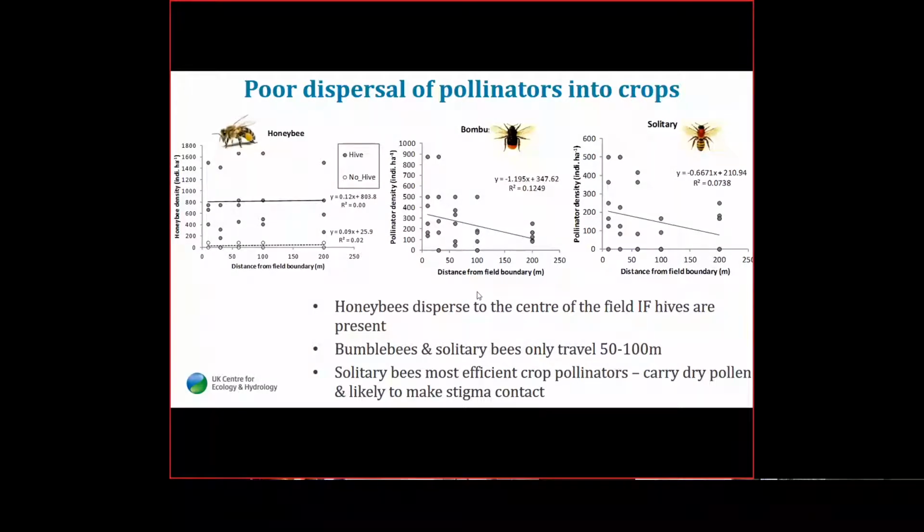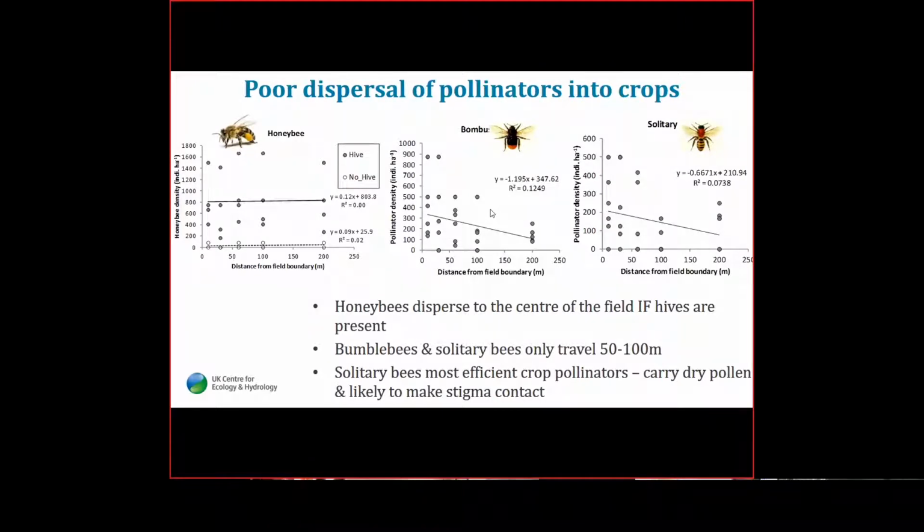And other work that went alongside this did show that solitary bees are much more efficient crop pollinators than honeybees. And the reason for this is just their feeding ecology. They tend to get covered in pollen all over their bodies, whereas honeybees, as you can see, store the pollen in a ball on their leg and carry it back to the hive. And that's wet pollen, so it doesn't transfer easily to stigma. And bumblebees are the same.